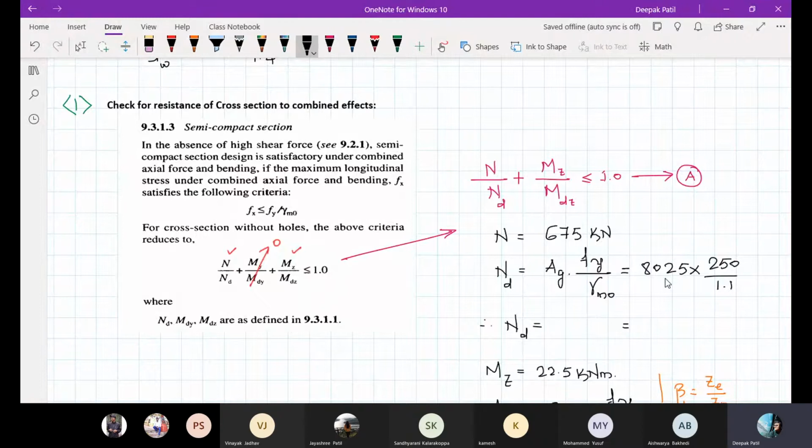If you do that, you will get the value of ND as 1823.8 kilonewtons.